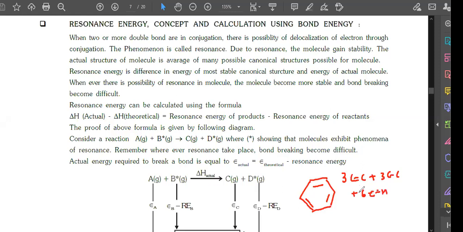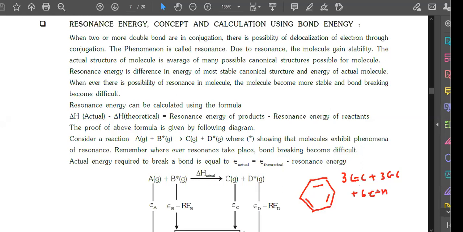Yes or no? Right, everyone? So this should be the theoretical value.